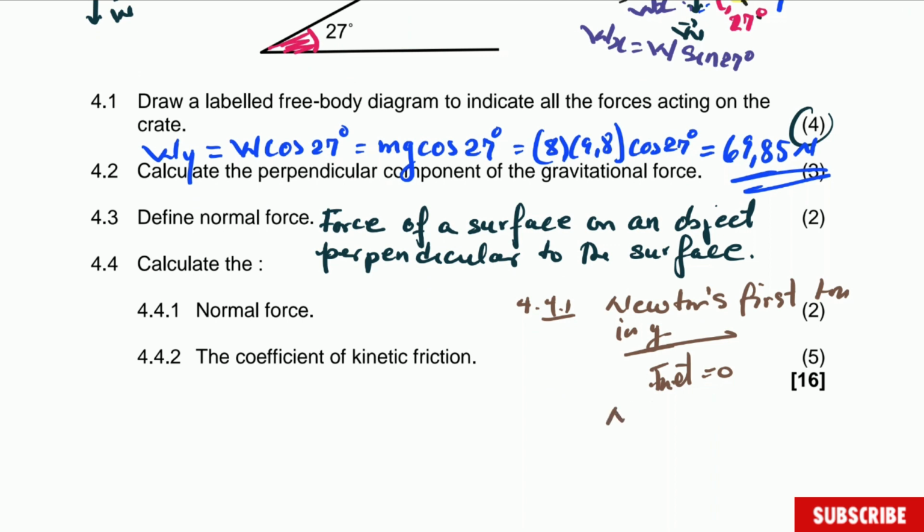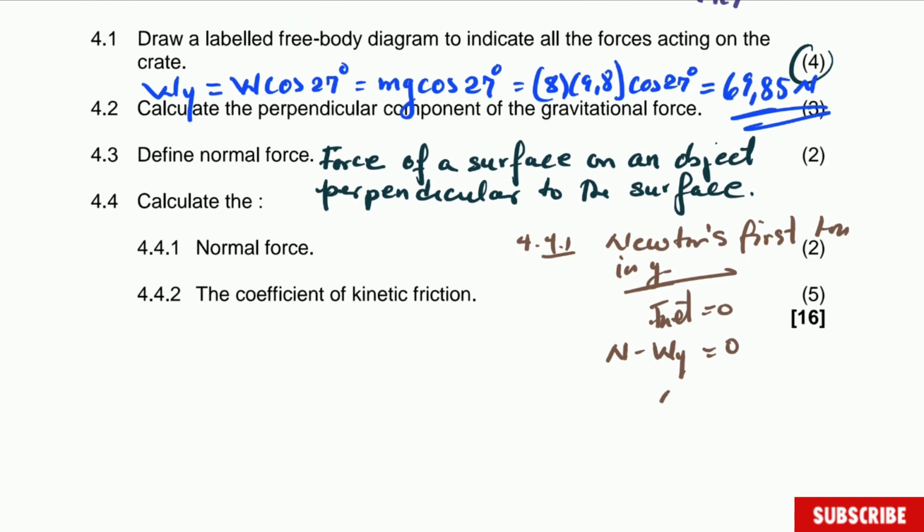Forces there is normal minus the weight in the y-axis is equal to 0, and then you know that normal is equal to weight in the y-axis, which was calculated and is 69.85 Newton. That is the answer.